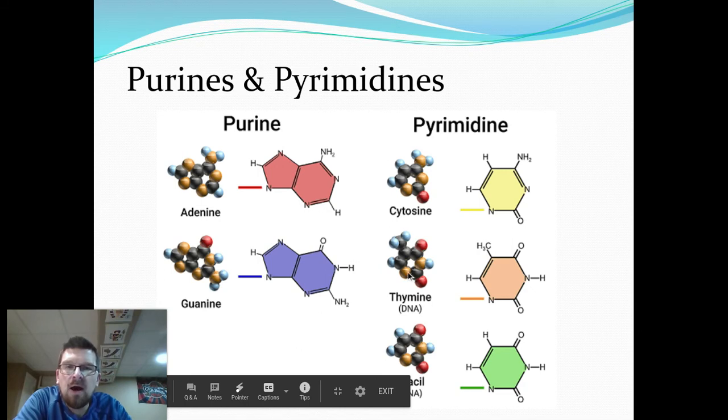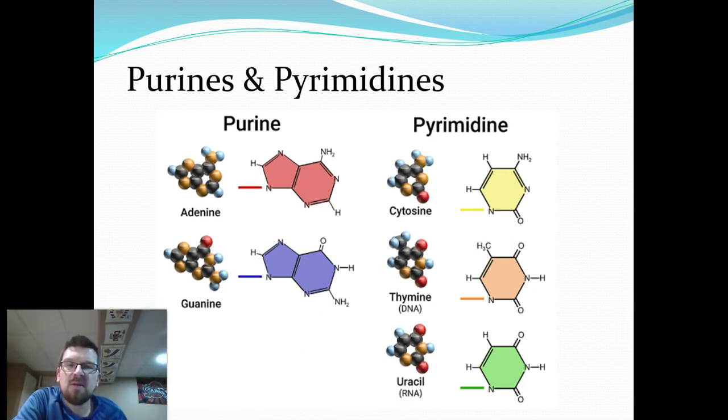So something to think about, okay, is that if you are looking to get into that more advanced understanding, think about the fact that purines and pyrimidines are always bonded together.